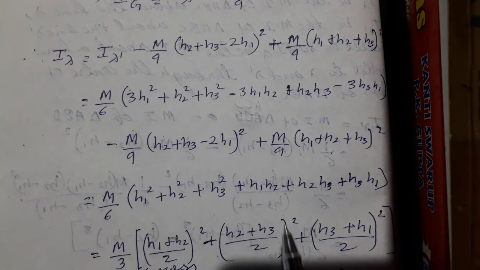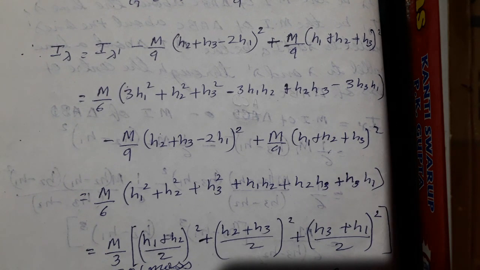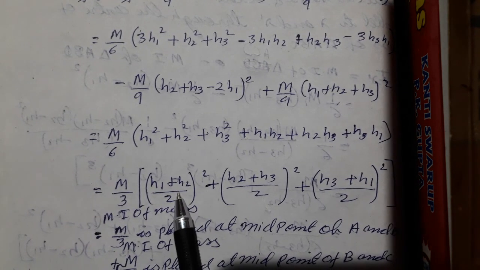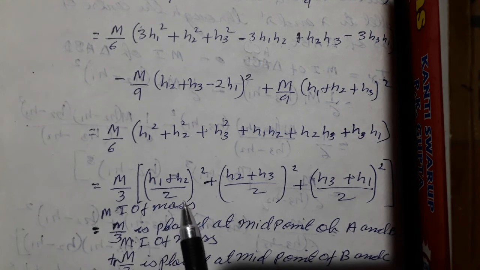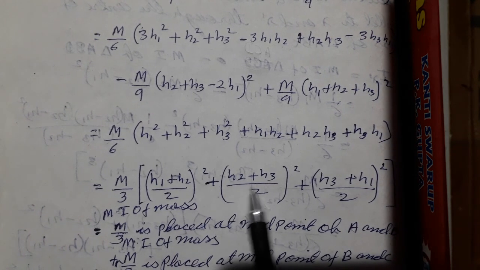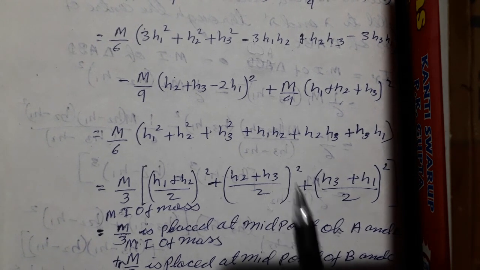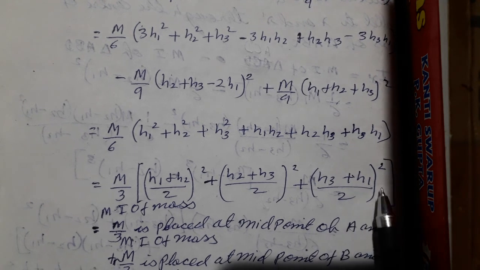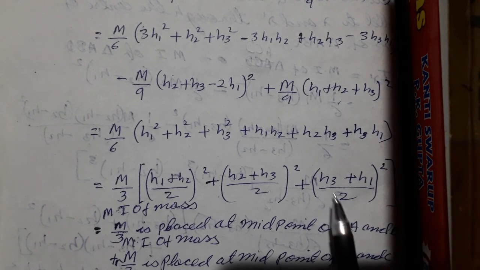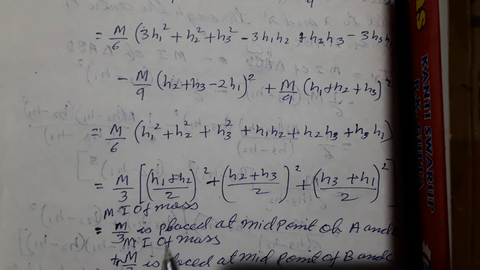But if they ask you to find the equimomental system, then we have to proceed further. By recombination, we can easily get h1 plus h2 divided by 2 whole squared, plus h2 plus h3 divided by 2 whole squared, plus h3 plus h1 divided by 2 whole squared. That means we have 3 particles which lie at the middle points of the sides of the triangle.